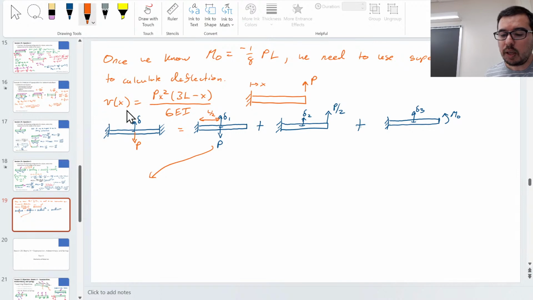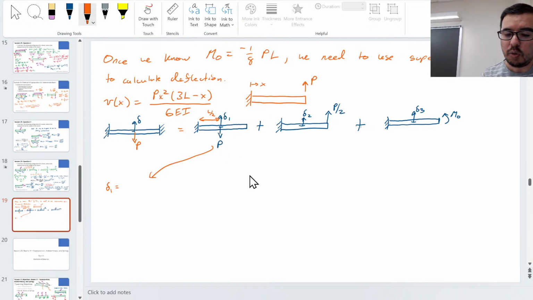I was given this equation here, so if I want to calculate delta 1, the rest is just along for the ride. Delta 1 is going to end up being negative, because I've defined delta 1 upward, but P is going downward.